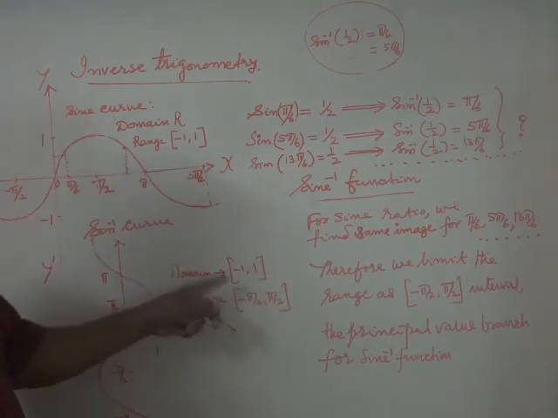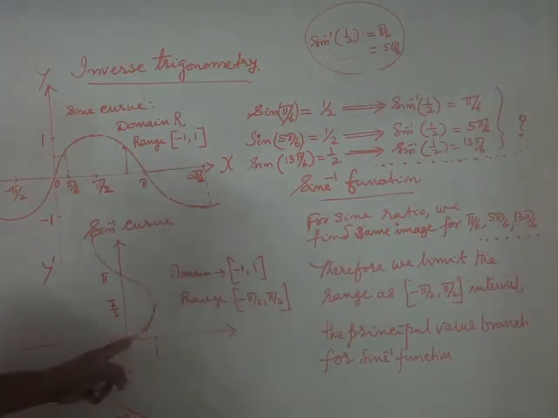But now see this half, I told you, is selected at random. We can take another number, see root 3 by 2. Sine inverse root 3 by 2 is pi by 3. Sine inverse minus root 3 by 2 is negative pi by 3.